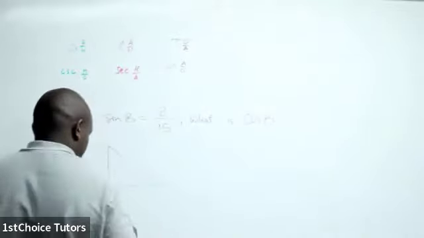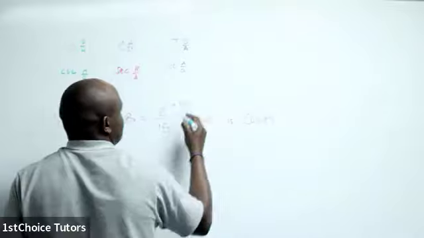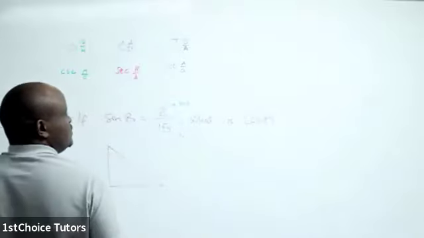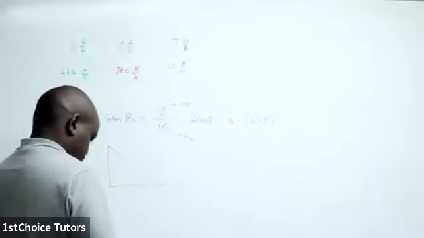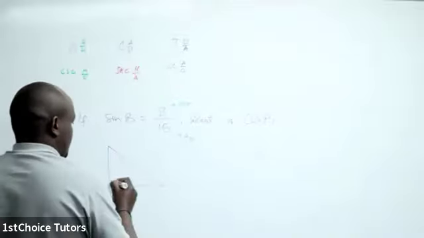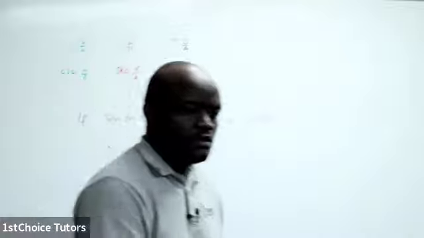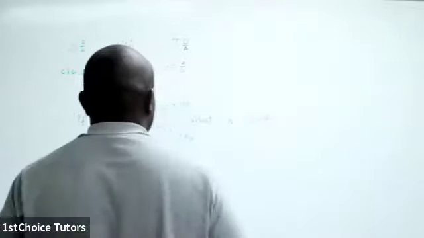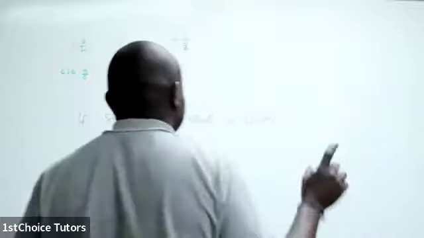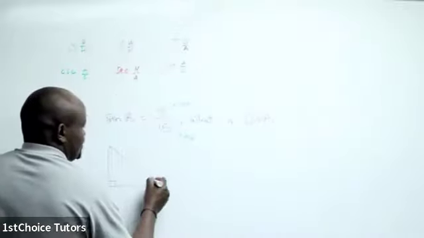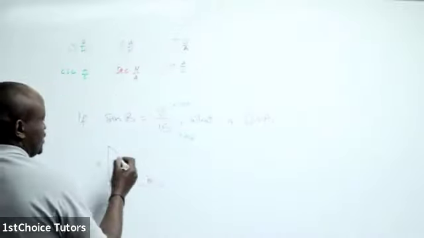Opposite is 8. Where's your theta? I want to see if you've identified your theta. There you go. That's most important. If this is your theta, then this would be 8, and this would be 15.